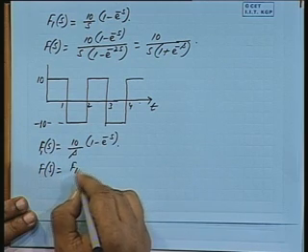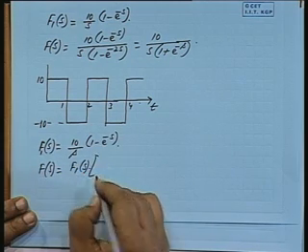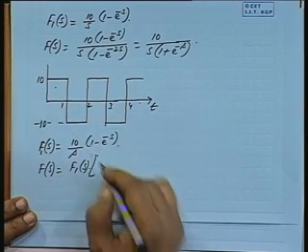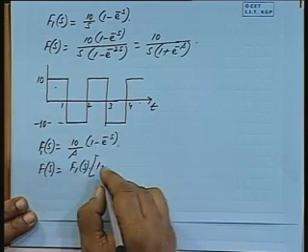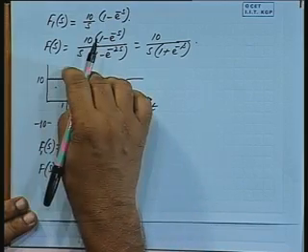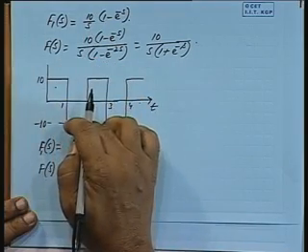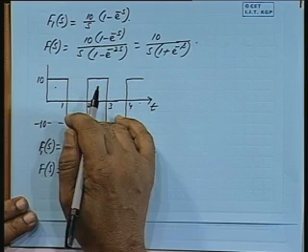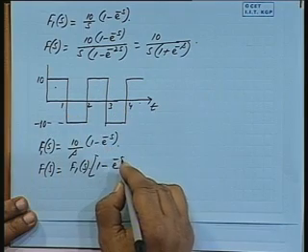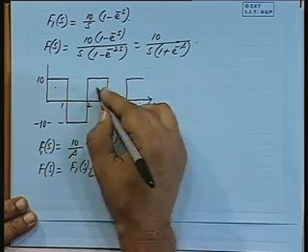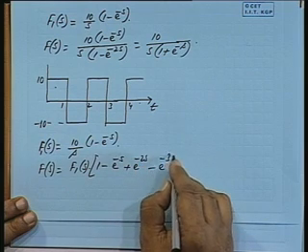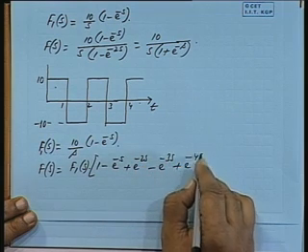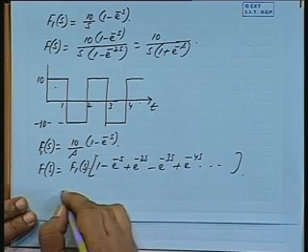It will be F1(s) into 1, then minus e to the power minus s, because it is shifted by 1 second and then its sign is changed. So, e to the power minus s plus e to the power minus 2s minus e to the power minus 3s plus e to the power minus 4s and so on. Is that all right?